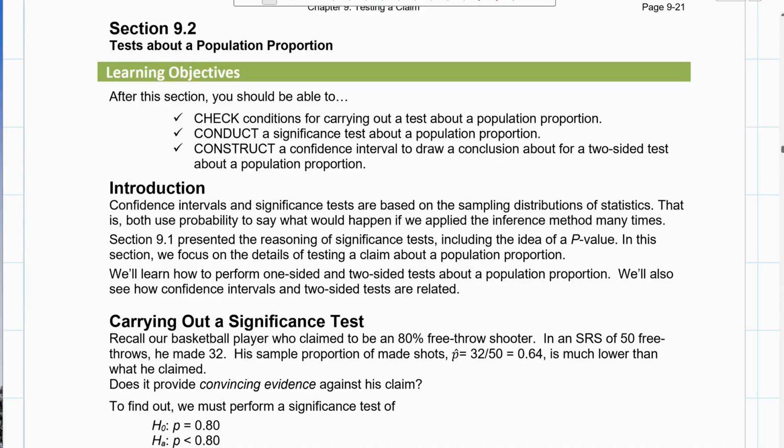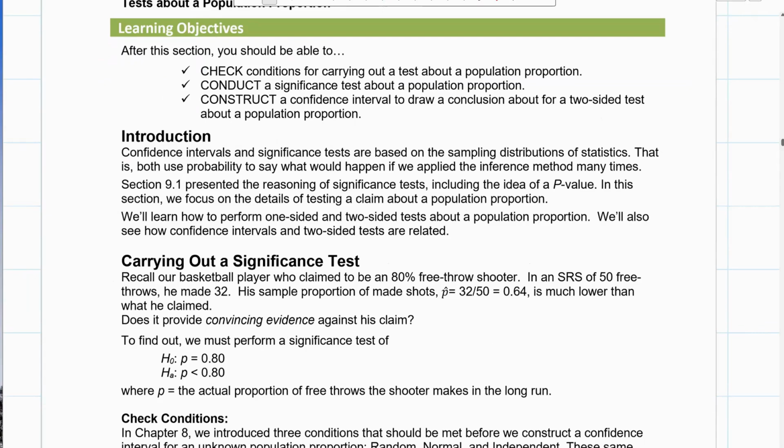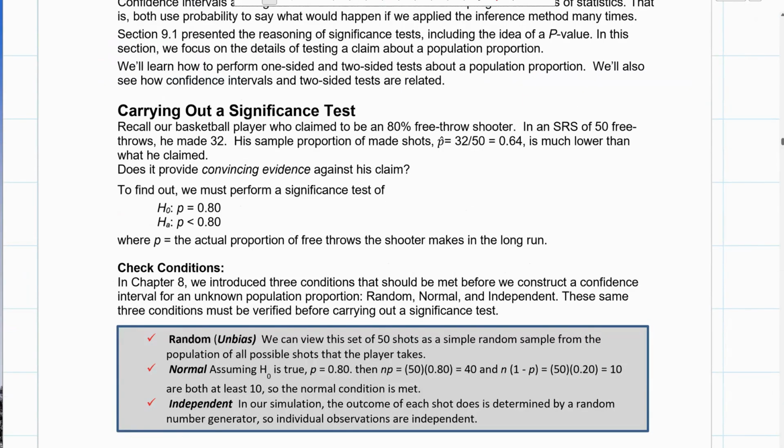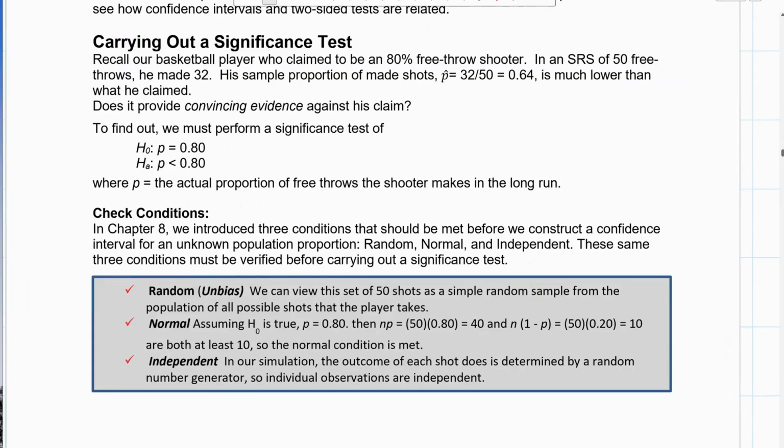Remember that all of the stuff that we're doing is revolving around the idea of inference, meaning that we're taking a sample, but then trying to make a claim about a population. So, for example, someone makes the claim that they're an 80% free throw shooter.